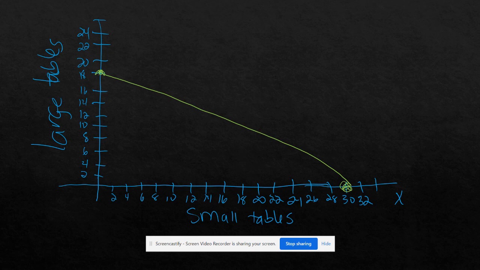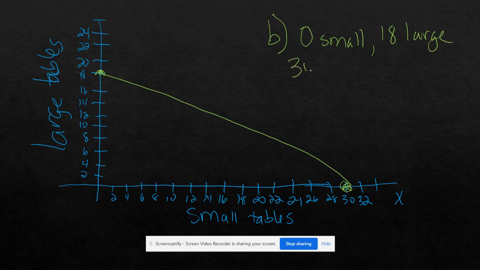Find 4 possible solutions within the context of this problem. Well, we know at our intercepts we have 0 small tables and 18 large tables. And at our x-intercept, we have 30 small tables and 0 large tables.